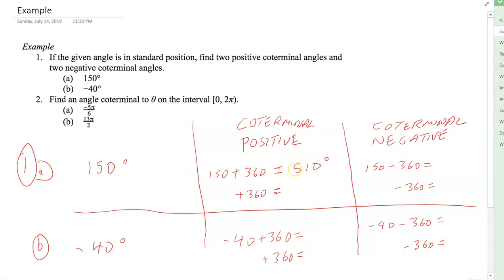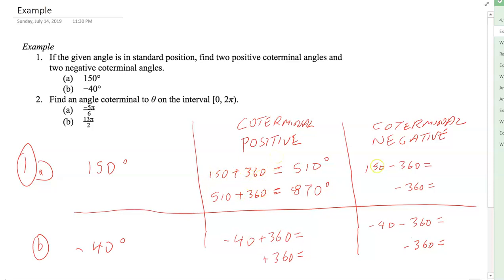If we take this 510 degrees and add 360 again, we get 870 degrees, and that is your second positive coterminal angle to 150. Alternatively, you could have added 150 plus 720. That is twice 360. So that's another way of doing it.